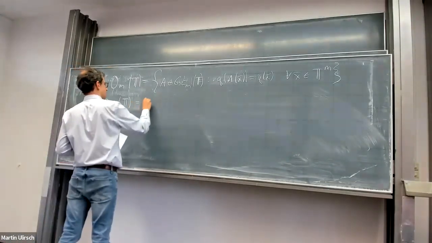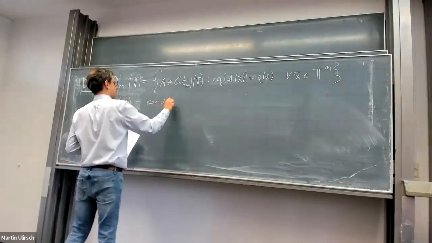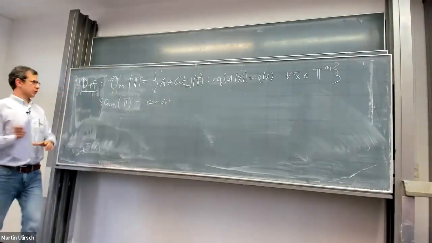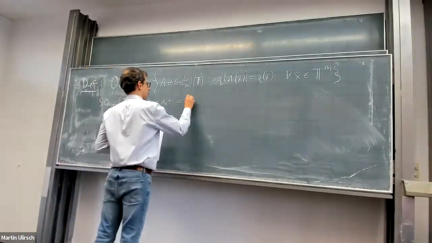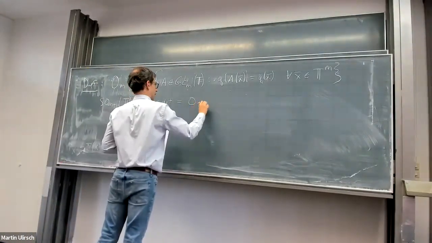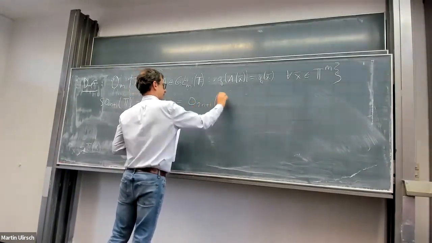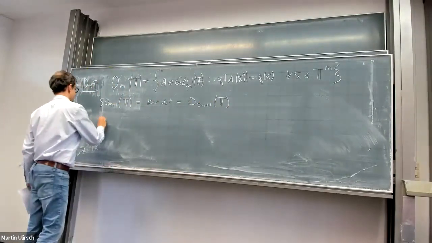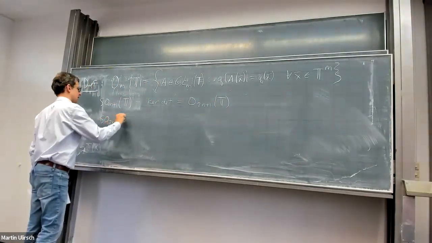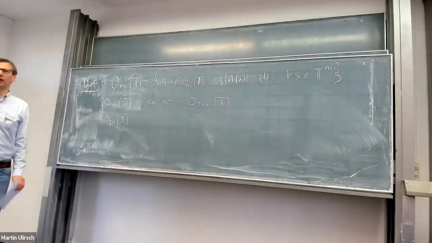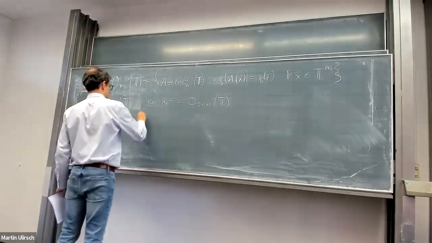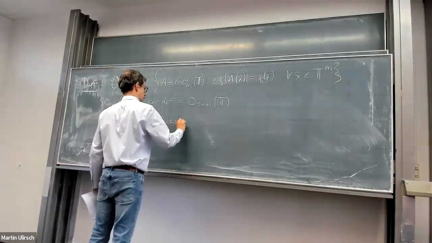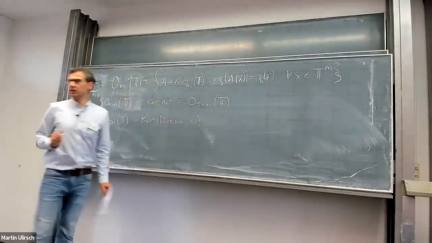SO_2n+1, I'm going to define to be the kernel of the determinant, but any matrix here actually automatically has determinant 1, so this is just going to be O_2n+1. But then SO_2n over an arbitrary field is defined as the kernel of something called the Dixon invariant, which there are many ways to define.